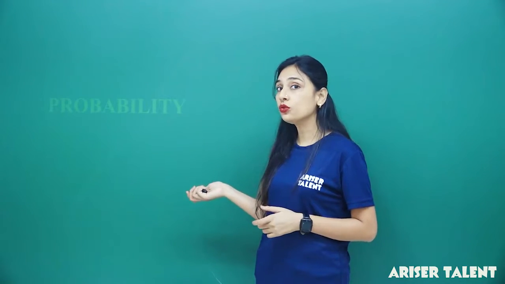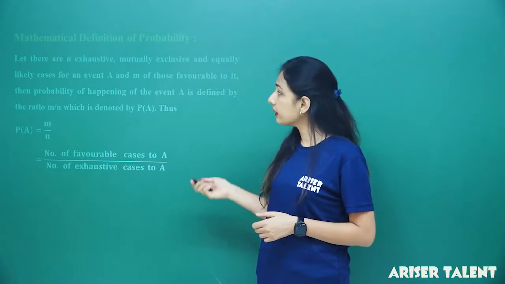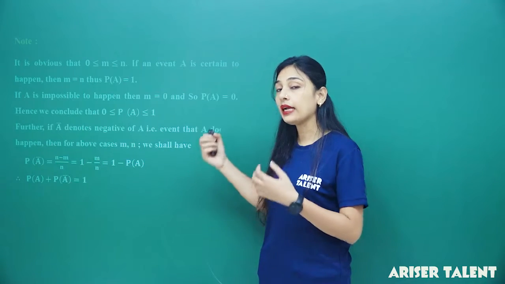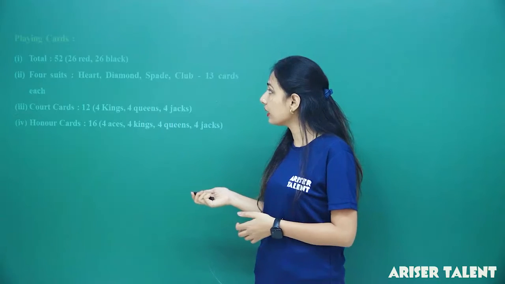Students, in today's lecture we're discussing probability. We have covered 2 chapters so far, and in that we have studied the basic term, what probability means. Then we went through the mathematical definition of probability and the formula, some cases of that formula, and the range of values it lies between.